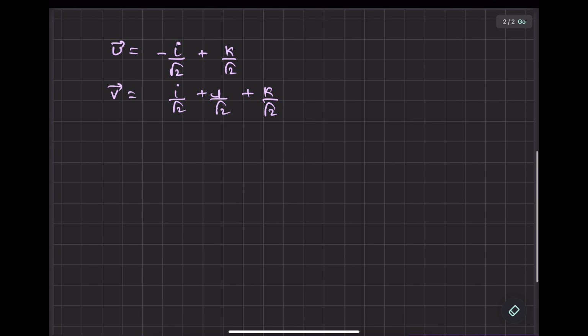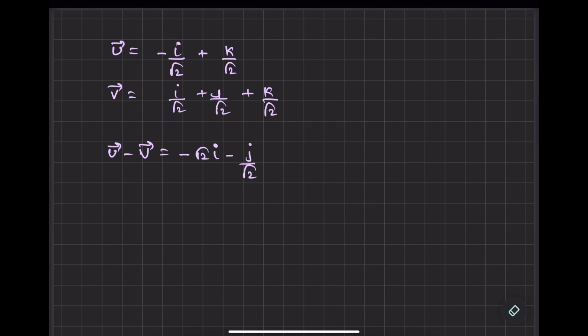So can I write vector u minus v vector as, okay, so first we'll find u minus v. Okay, so can I write minus of 2 by root 2, means root 2 i, then minus of j by root 2, then 0.